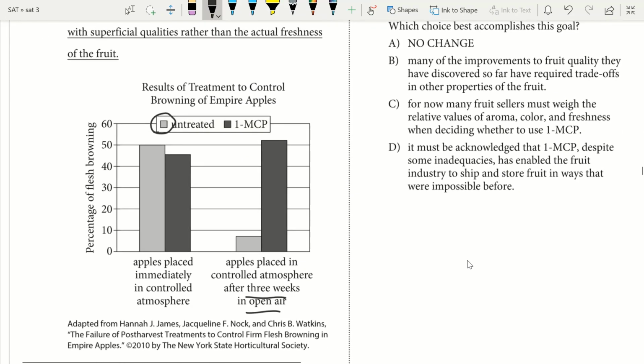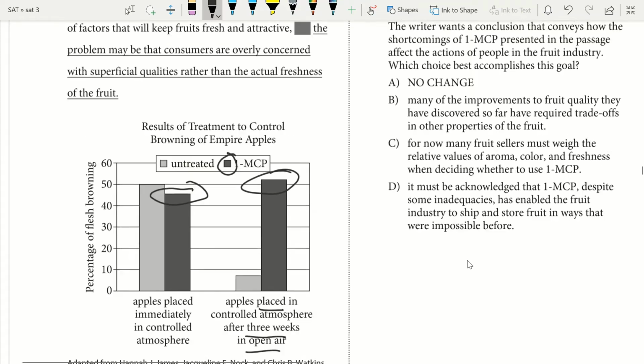So now, instead of dealing with our gray bars, we're dealing with our black bar graph. If we look at them, we see that they are roughly equal, with the apples placed in the controlled atmosphere after 3 weeks in open air being slightly above, but they're roughly equal.